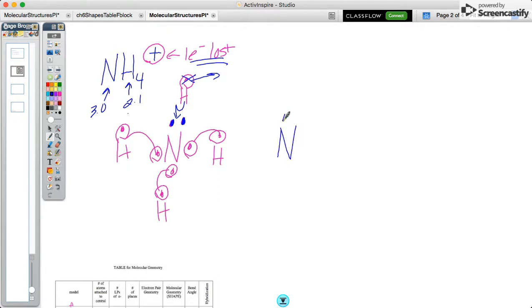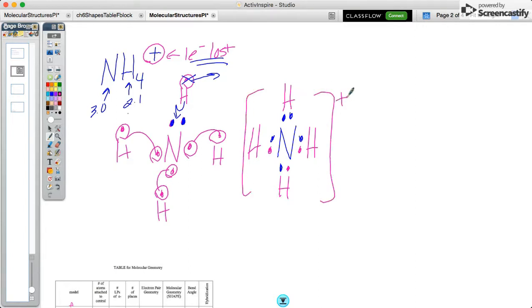If I draw this as a Lewis dot diagram first, and I show nitrogen's electrons there in blue, and now I bring in my hydrogen, and my hydrogen, and my hydrogen, I can see that I'm meeting the rule of 8 all around, and I can see that each hydrogen is making the bond that it needs to make, but I can identify my coordinate covalent bond in comparison to my regular single covalent bonds.